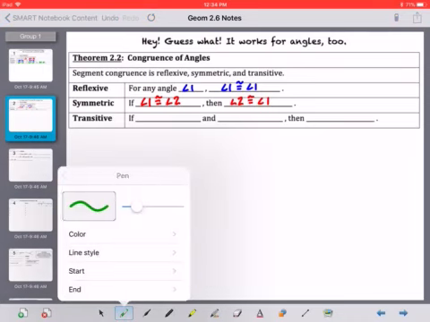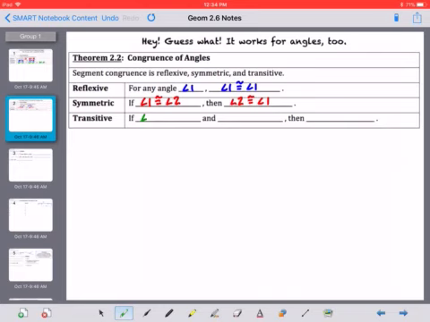And lastly, the transitive property: if angle 1 is congruent to angle 2, and angle 2 is congruent to angle 3, you can cut out the middleman and say angle 1 is congruent to angle 3. We're going to use those properties and practice identifying them in examples 1 through 3.